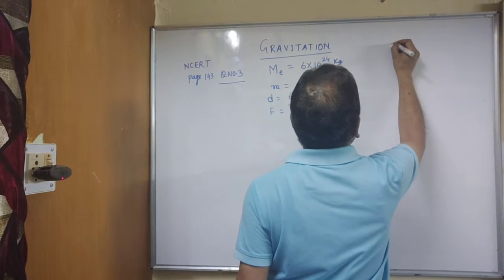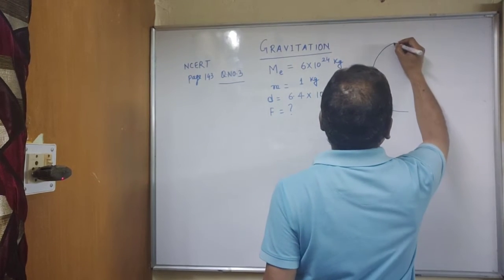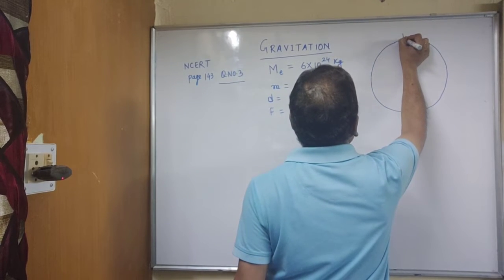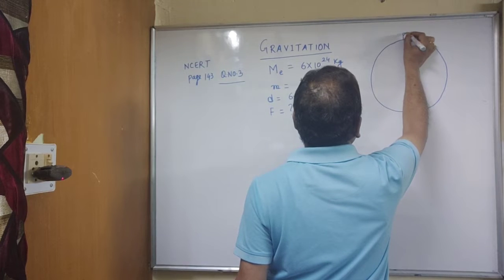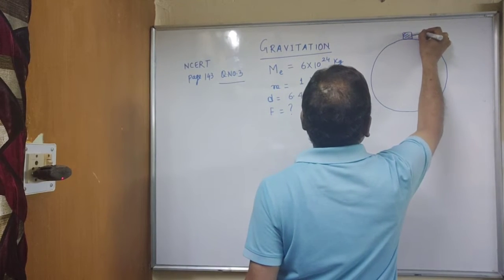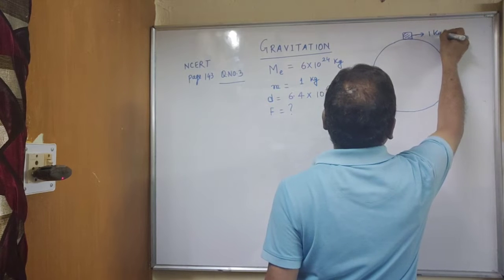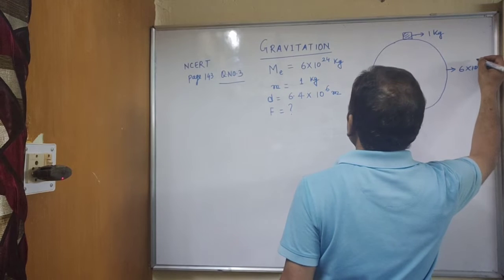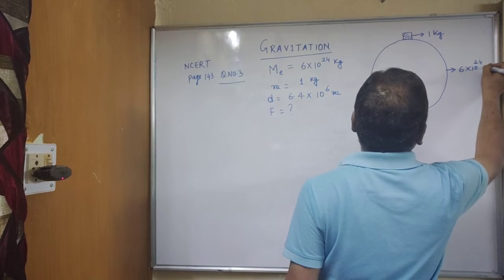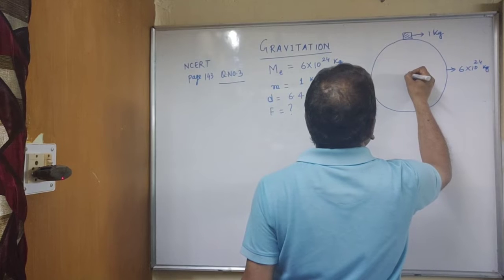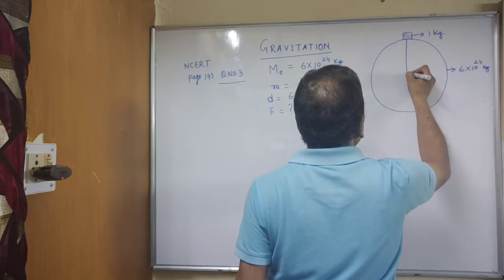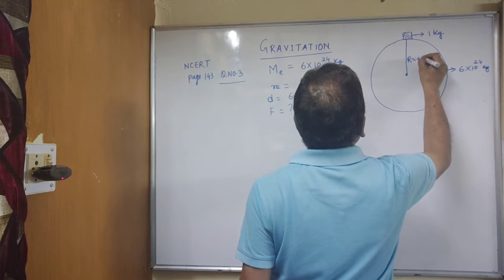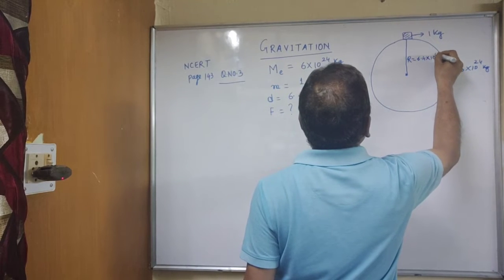So the case is like this. Suppose this is earth and there is an object on the surface of the earth. Mass of this object is 1 kg and mass of earth is 6 into 10 to the power 24 kg. And the radius of earth is given 6.4 into 10 to the power 6 meter.